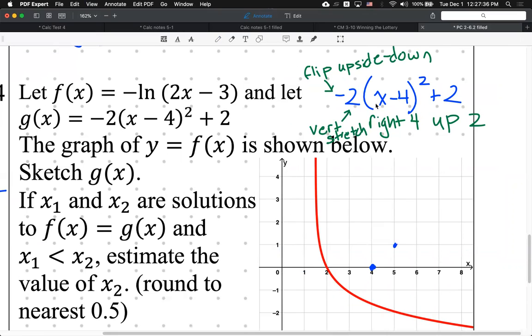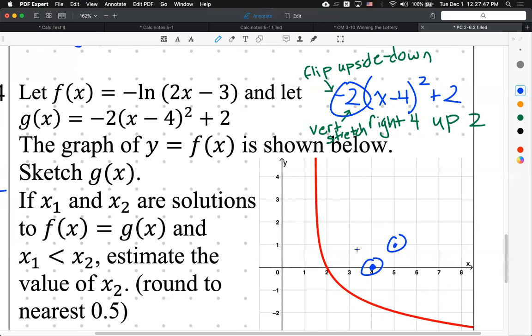The next step is I need to not move the vertex. This -2 right here only changes this second point. That first point, that vertex, does not get changed by that scaling factor. What is the height of my second point going to be? What is the y coordinate of my second point?